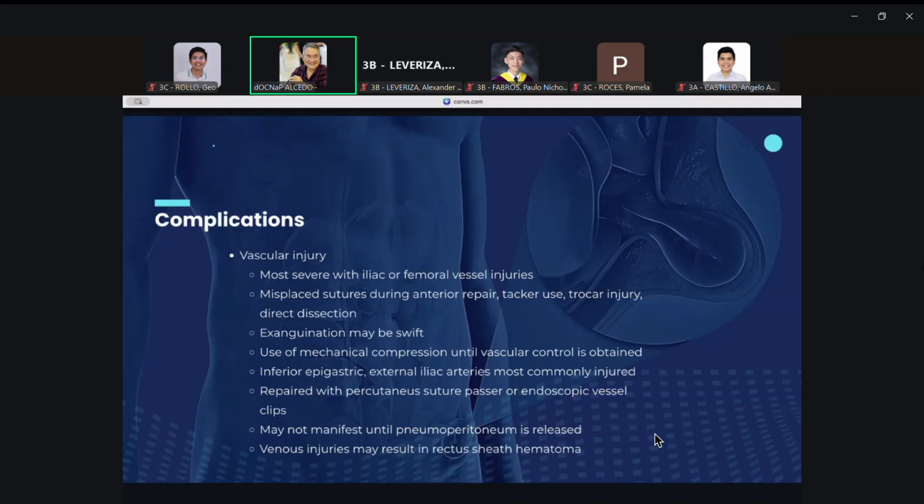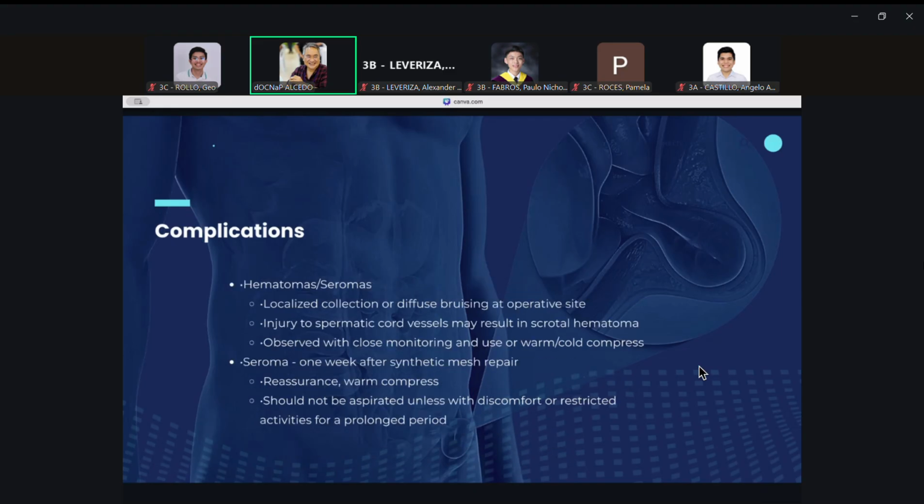So if the injury is not that big, sometimes there is no bleeding, but once you decompress, that's when the bleeding starts. Especially if it is just a venous injury, because the pressure involved with your venous supply is lower. Okay? So hematomas and seromas can both occur in your lap or traditional anterior approach. Seromas can happen 1 week after surgery. You just reassure the patient, and you don't aspirate seromas unless they cause a lot of symptoms in the patient.